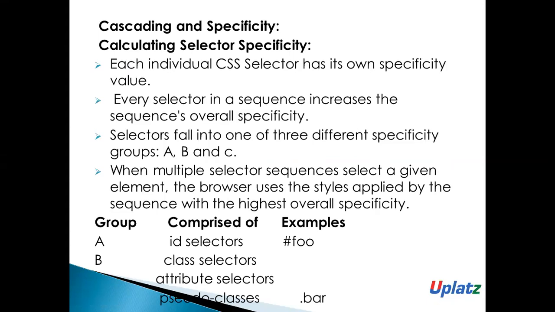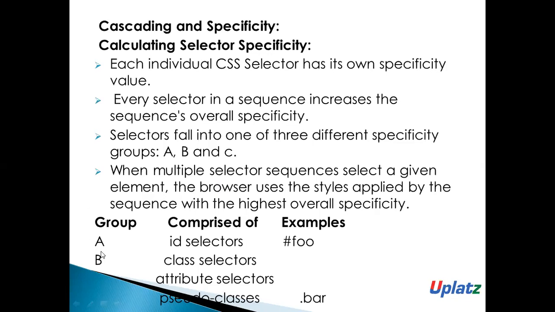Each individual CSS selector has its own property specificity value, and every selector in a sequence increases the sequence's overall specificity. A selector falls into one of three specificity groups, mainly A, B, and C. When multiple selector sequences select a given element, the browser uses the styles applied by the sequence with the highest overall specificity. Based on that, it calculates the selector specificity.